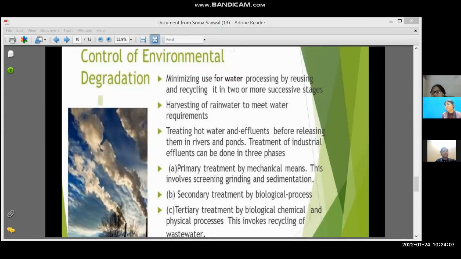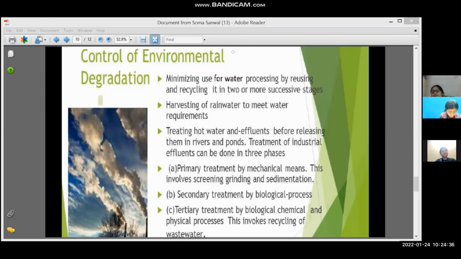Then flocculation. In flocculation, what do you do? A flocculant is a chemical that can be added to the waste water, and this chemical will help in binding the suspended solids to form heavier particles. And these heavier particles will later settle at the bottom of the container, and the water at the top can be drained out.